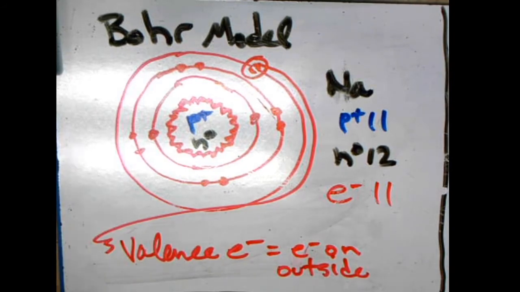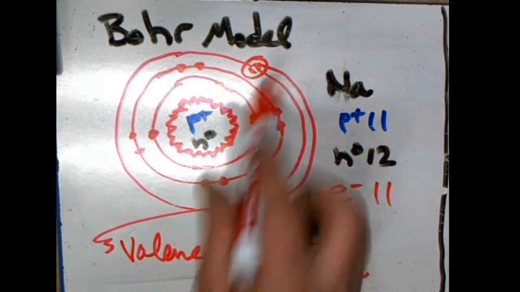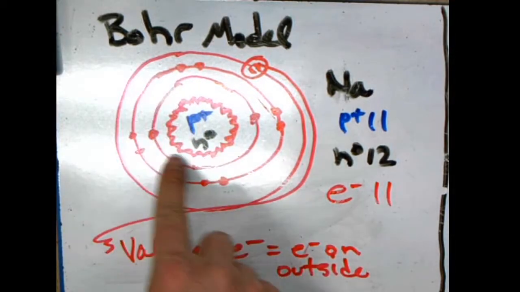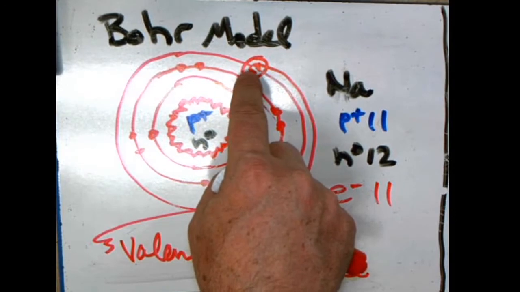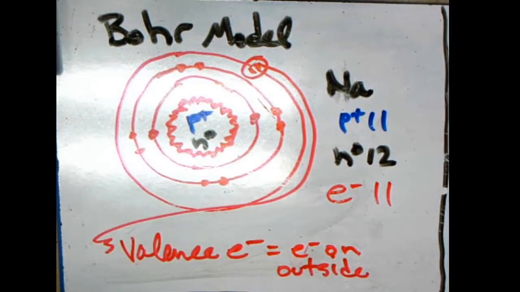They dictate how atoms can bond with each other, and how things rearrange when they go through a chemical reaction. So we're not really going to be concerned about these inner electrons. We're going to be focusing more on the outside, and those play a very big role in bonding and in chemical reactions.